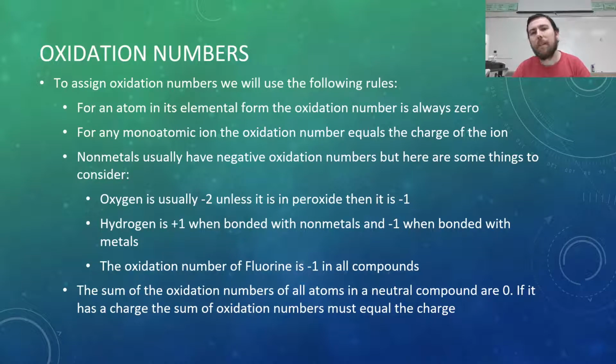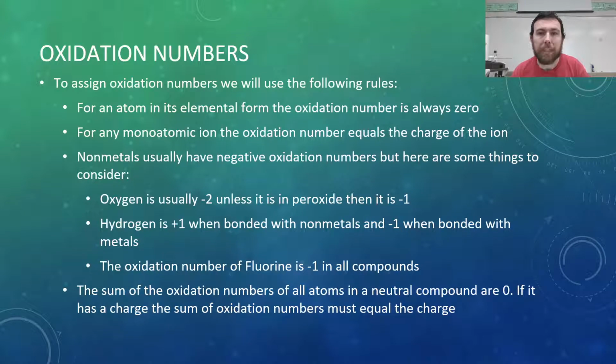Okay. The third thing that we want to consider as we're going through and assigning oxidation numbers. Nonmetals usually have negative oxidation numbers. All right. That kind of makes sense because it goes back into the charge component. However, there are things to consider. There are instances in which nonmetals can have positive oxidation states.